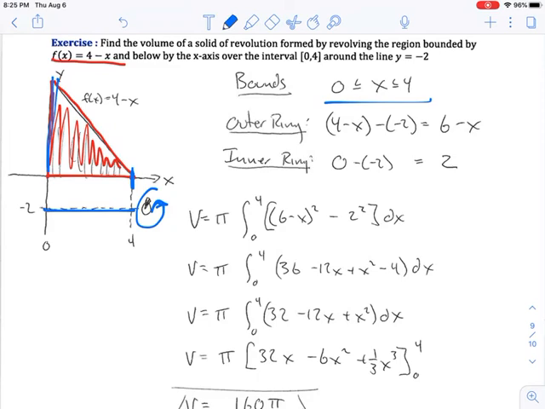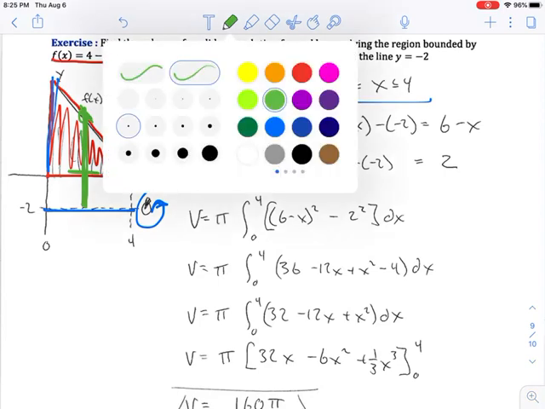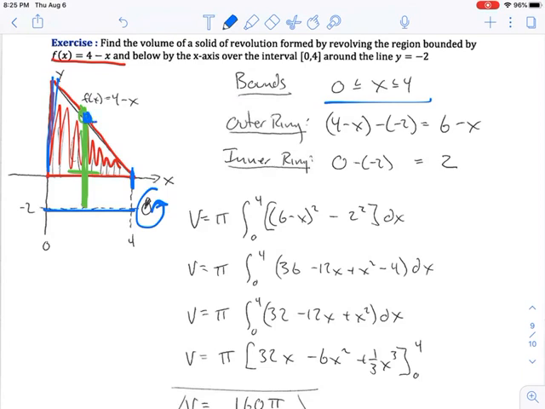Now, what is the radius of the outer ring? The radius of the outer ring is the distance of a rectangle from here to here. What would be the height of that rectangle? Well, the height of that rectangle is going to be the distance from the x-axis to here, which is the function value. That's going to be from here to here, and then this distance, which is a distance of 2.